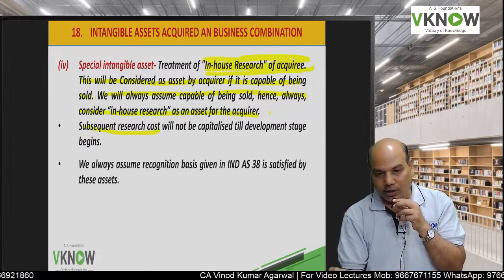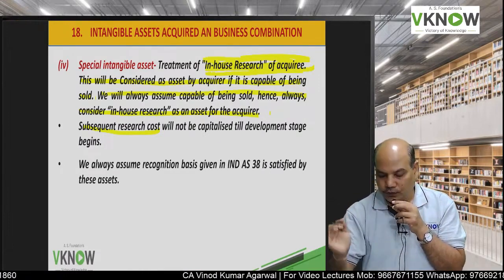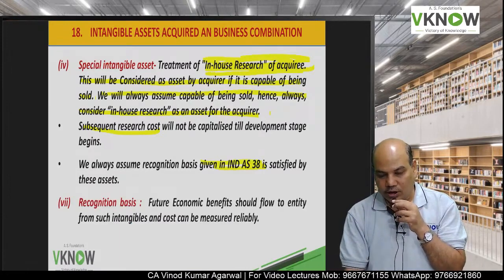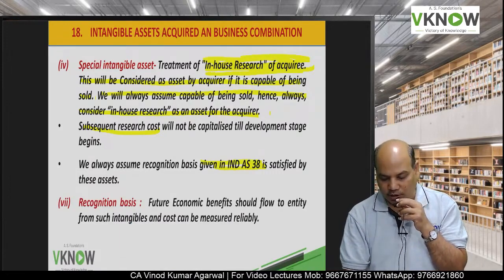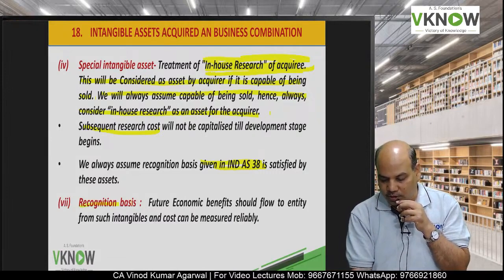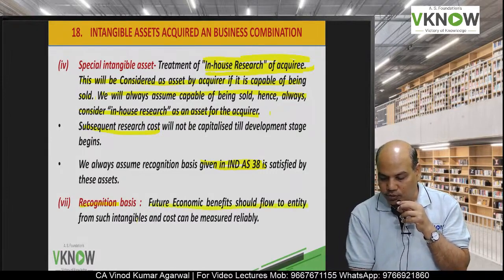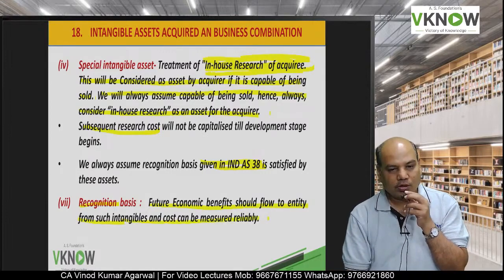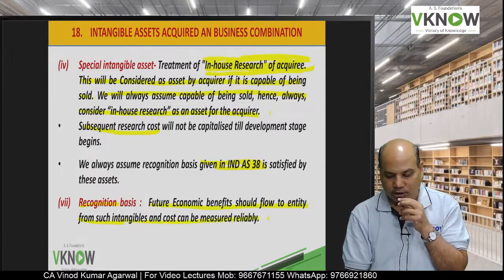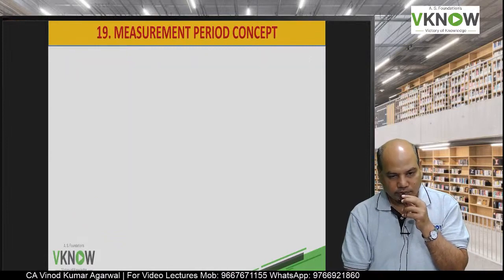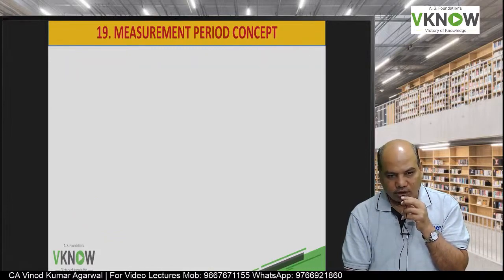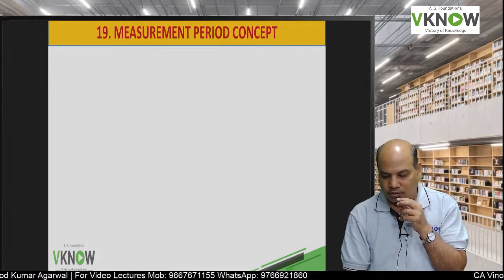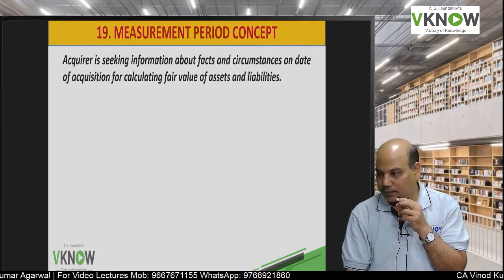But development cost, if you fulfill the condition given in IND 38, then development cost will be capitalized. Recognition basis, future economic benefit should flow to the entity from such intangible and the cost can be measured reliably. So in that case we can account for in-house research expenditure acquired from acquiree.